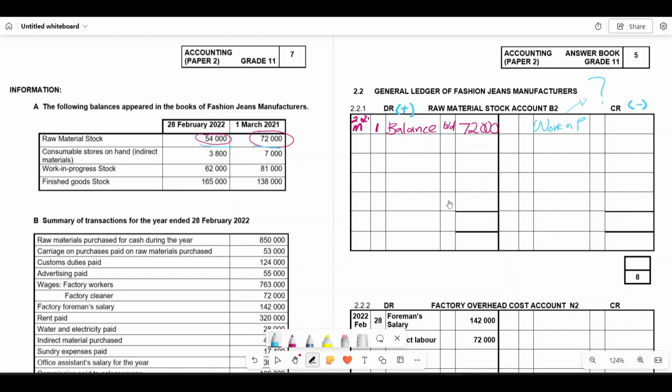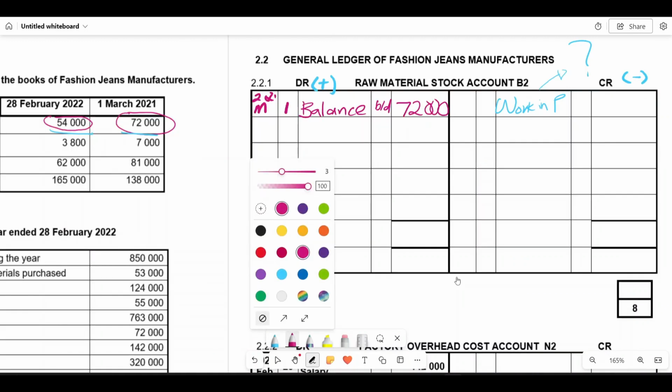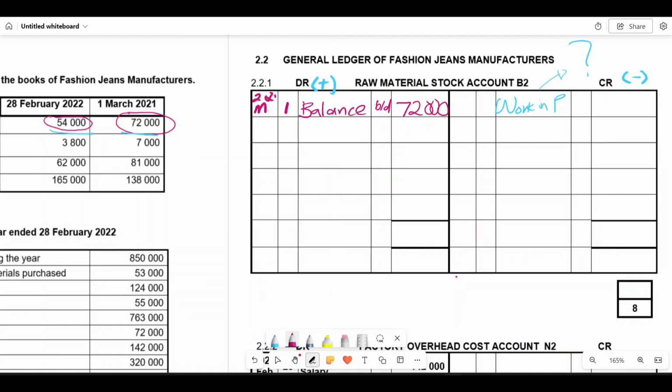Now you would see, what do I mean by that? Now let's recognize our closing balance that we are given. Now my closing balance, which is my balance brought down for the next year, right? So here, next year at the beginning of the year 2022, March the 1st, balance brought down, it's going to be equal to the 54,000 that I'm given here.